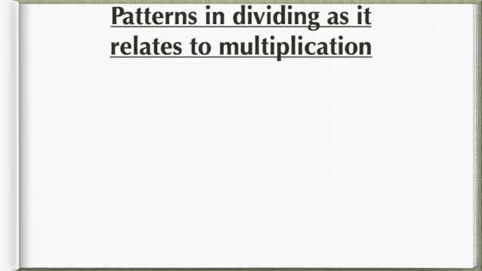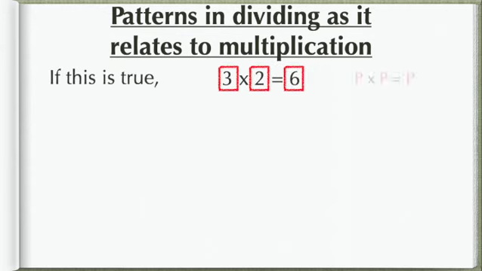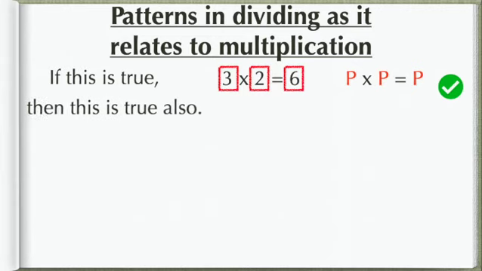Now let's look at another way to describe it. We're going to be using patterns in dividing as it relates to multiplication, and we're going to be looking at if-then statements. So if this is true, then something else is going to be true. For example, if this is true, 3 times 2 is 6, and a positive times a positive is a positive, fact check, true. If that's true, then this is also true.